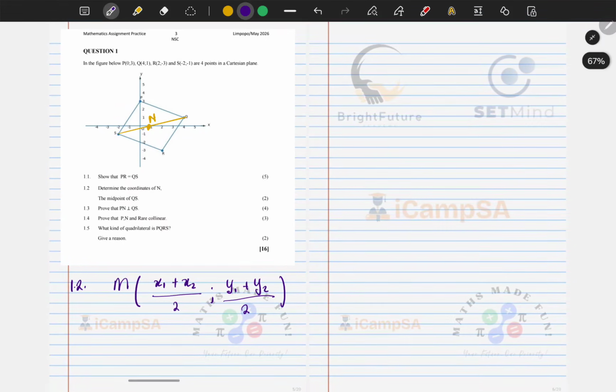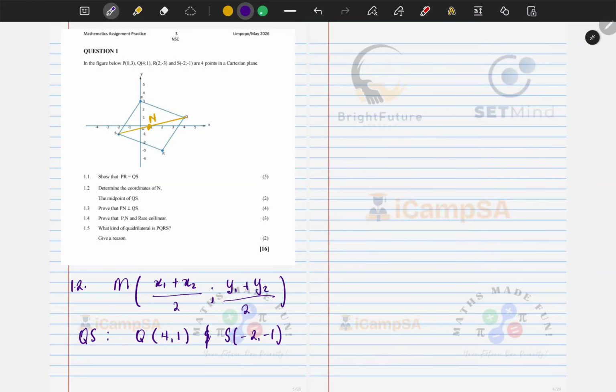Remember we are dealing with the midpoint of QS, so we are going to use the coordinates of Q and S. Your Q is given by 4 paired with 1, and your S is -2, -1. So let's see what answer we get if we substitute.